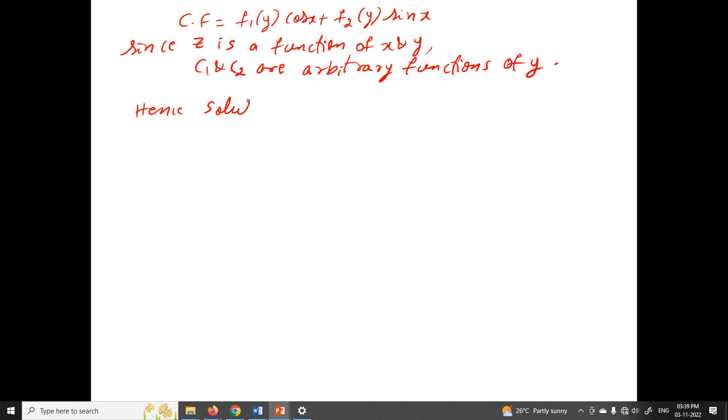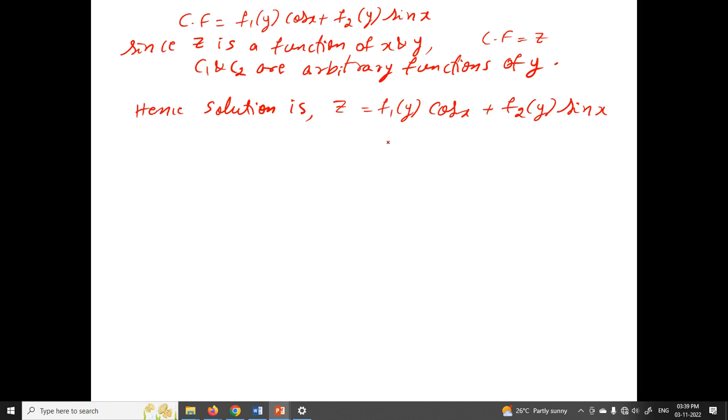So hence, what is the solution, students? This is our final solution. The complementary function is nothing but our z. So z is equal to f1(y) cos x plus f2(y) sin x.